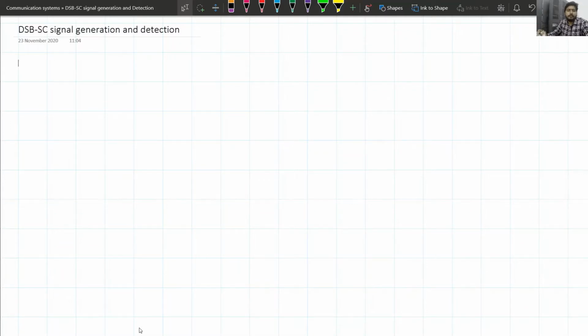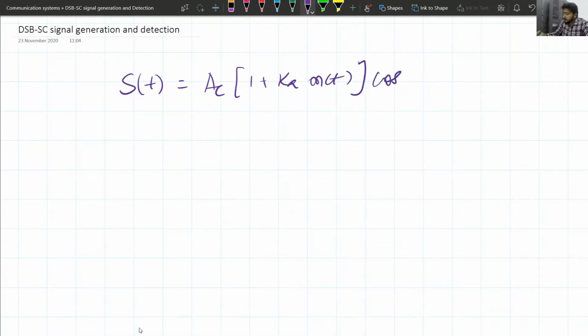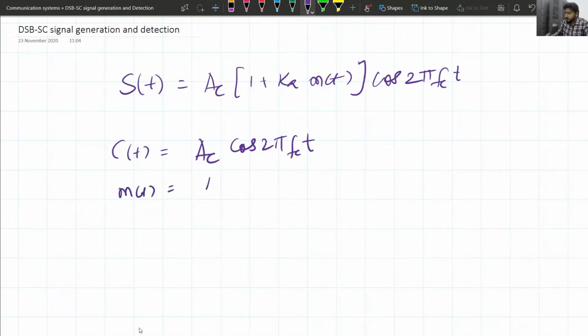We have been discussing the concepts of amplitude modulation, and the amplitude modulated wave is given as, where the carrier wave is defined as, and let's say m(t) is the baseband signal or the message signal or low frequency.